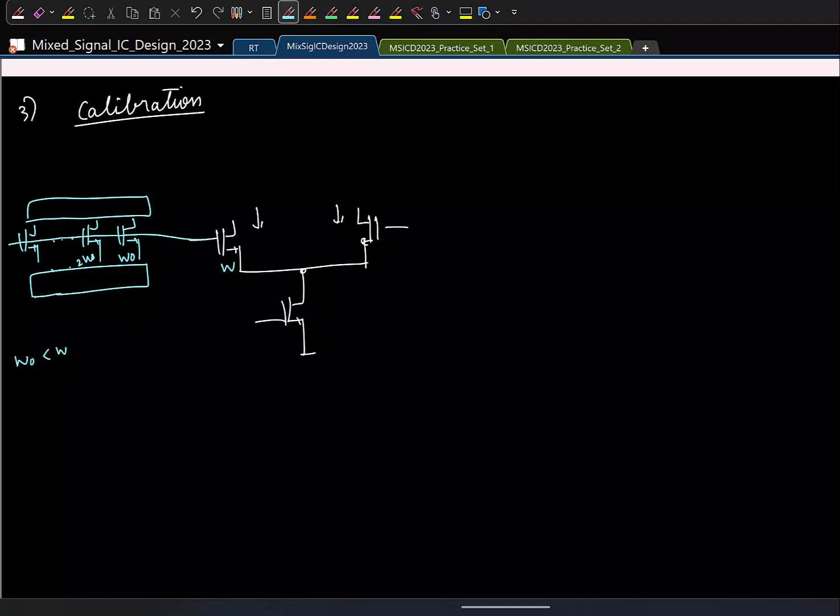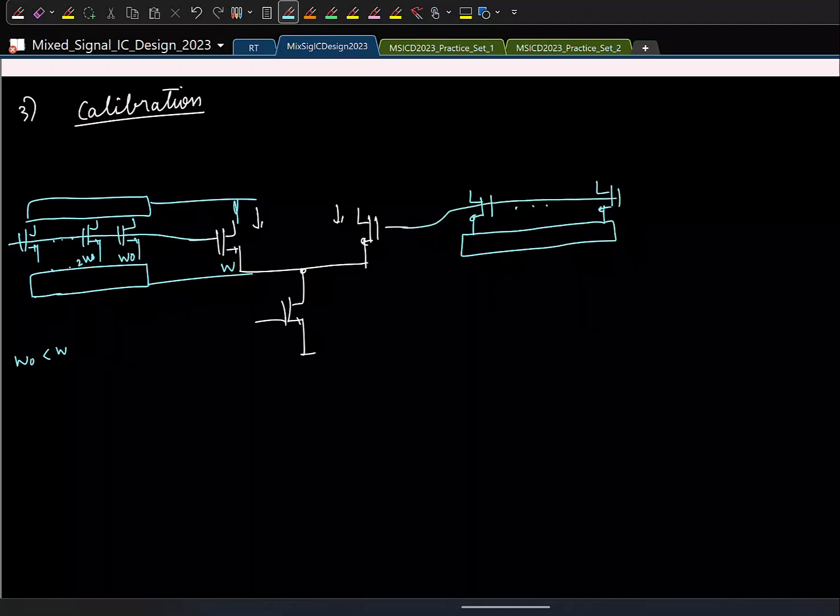You put an appropriate number of them in parallel and connect it to your main circuit, and you do that on either side. Again, all gates are connected, and this is just one brute force way.